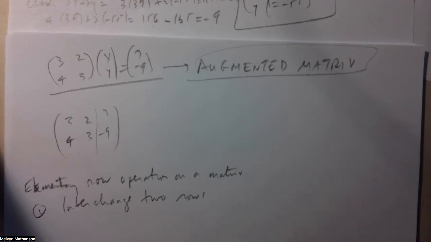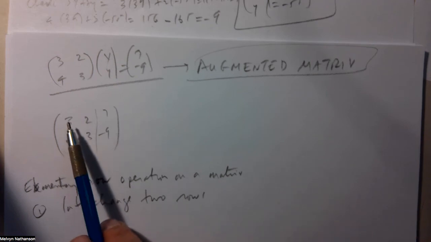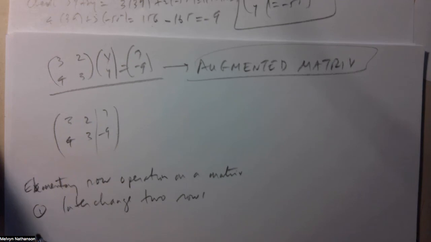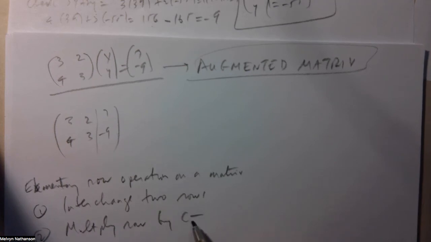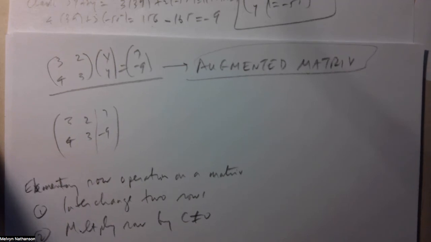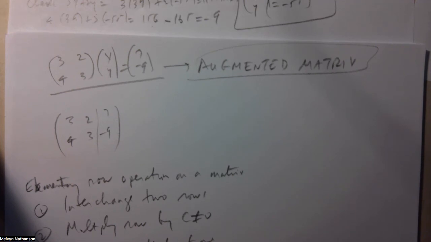Just interchange them. Multiplying an equation by a non-zero scalar is the same as multiply any row by a non-zero scalar. And adding a multiple of one equation to another would correspond to add a multiple of one row to another.